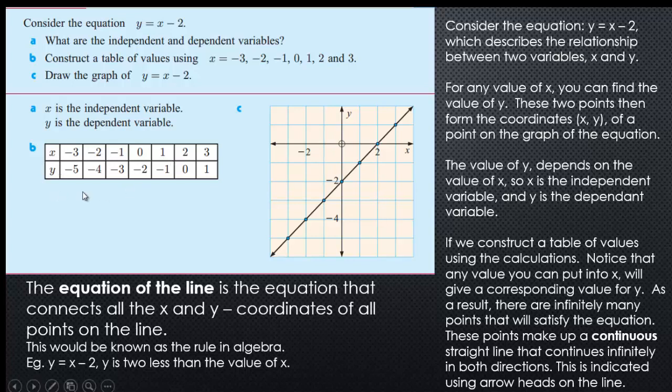So once again, these values make up a continuous straight line, but because any value of x would give you a value of y, we would connect this with the line with the arrows in both directions, showing that this particular data set and the number values for x and y could be infinite and that they could go anywhere. So this then becomes the equation of this line.